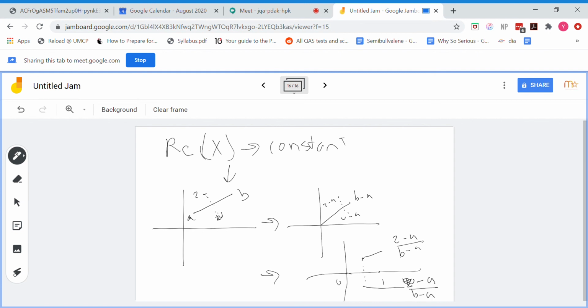And so we know that now these 2 points are conjugates of each other. So we have W minus A over B minus A equals the conjugate of Z minus A over B minus A. Right? Okay. And so we can rearrange this to get W in terms of Z. And then to find this point right here, this point is the foot of the perpendicular from Z to the line AB, right?